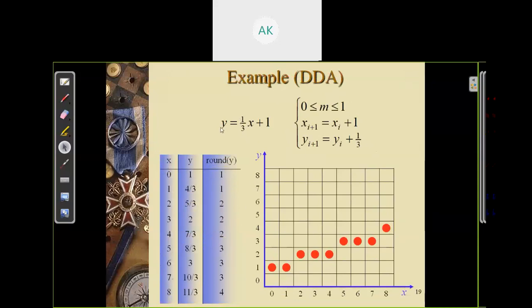here, the equation of line is y equals 1 by 3 x plus 1. 1 by 3 x means m equals 1 by 3.